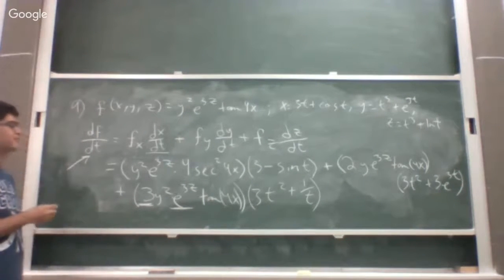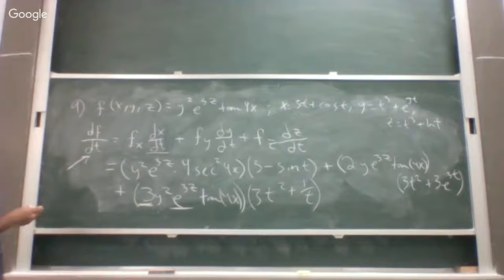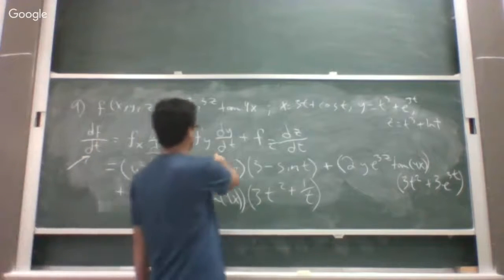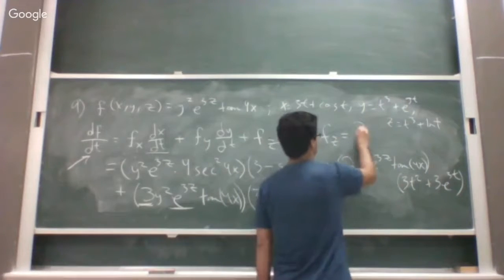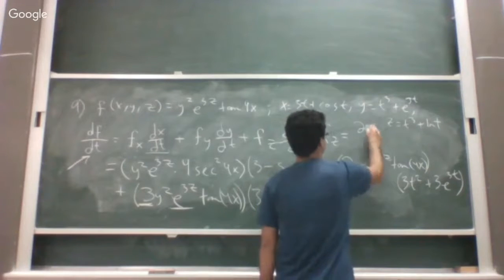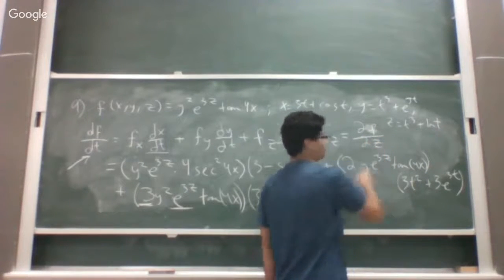What does f sub z mean? All of these, fy, fz, are the same notation as taking the partial derivative of f with respect to z.